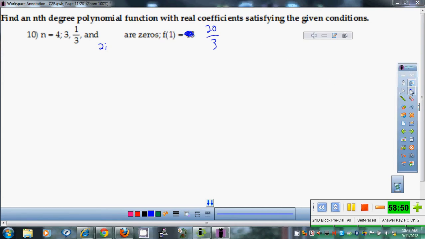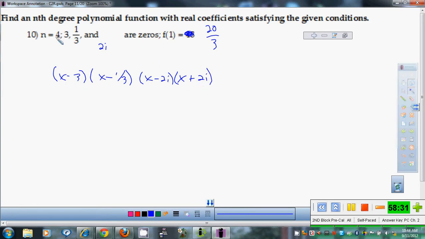Who can tell me the first step to solving this problem? Yes, ma'am. And then x plus 2i. Remember, every imaginary has a pair. And you'll know you've done it right because I have 4 of them, and it told me I should have 4 of them.